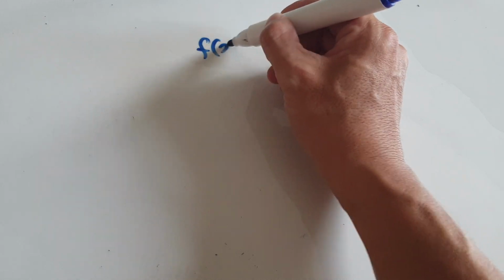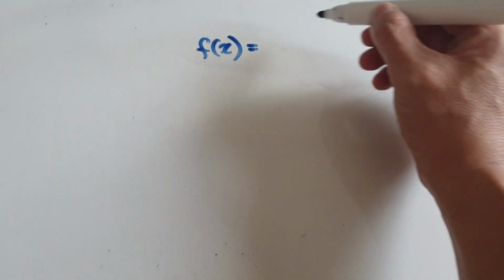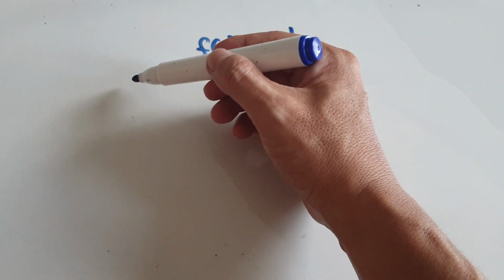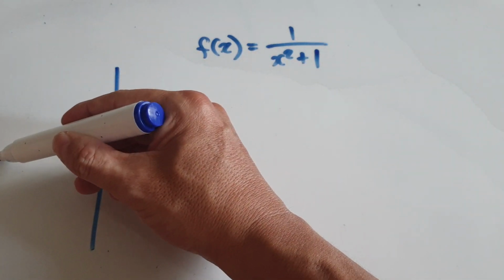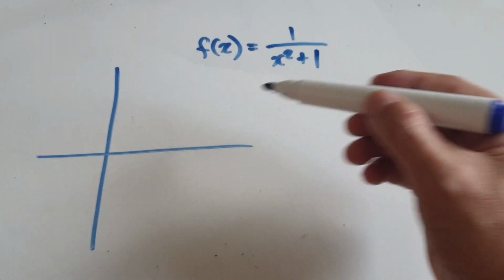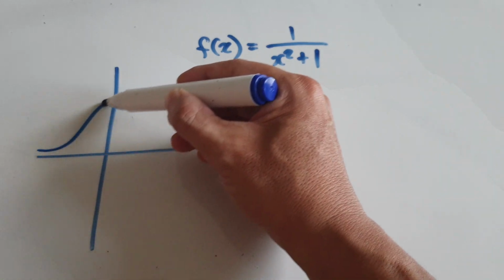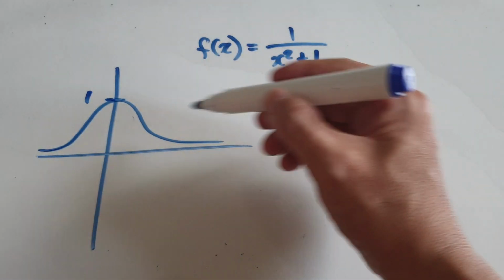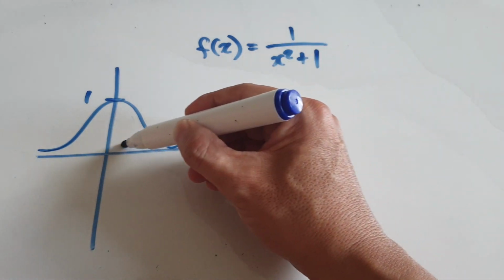In the future, you will see this function, f of x equals 1 over x squared plus 1. Take my word that the function looks like this, where this here is 1. So here, the range is everything here.